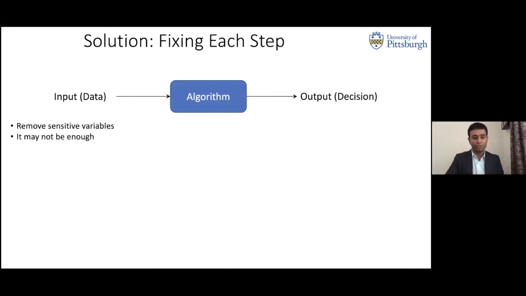So this solution will reduce the bias to some extent, but it is not perfect. So you might have to use some advanced statistical methods to uncorrelate the other 100 attributes from the sensitive attributes and use the uncorrelated data.